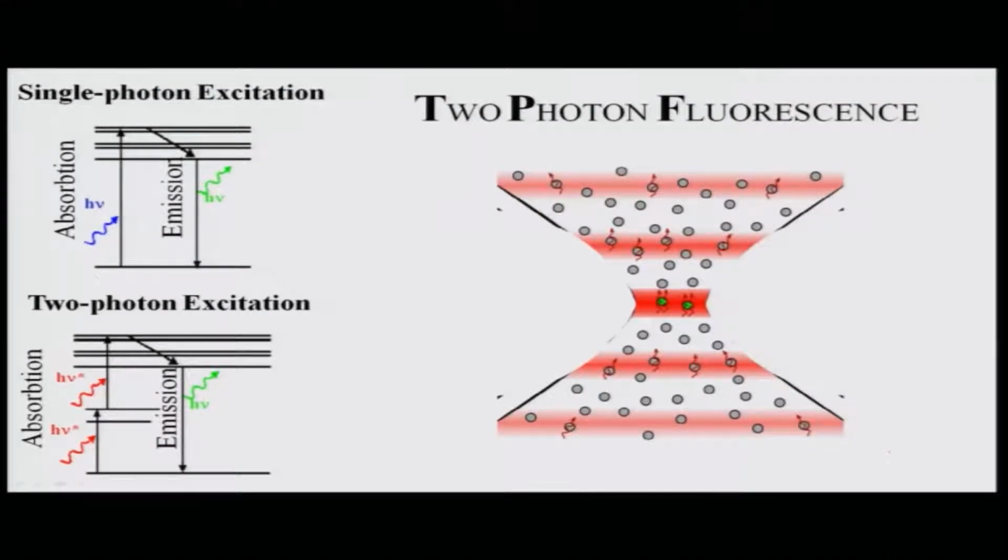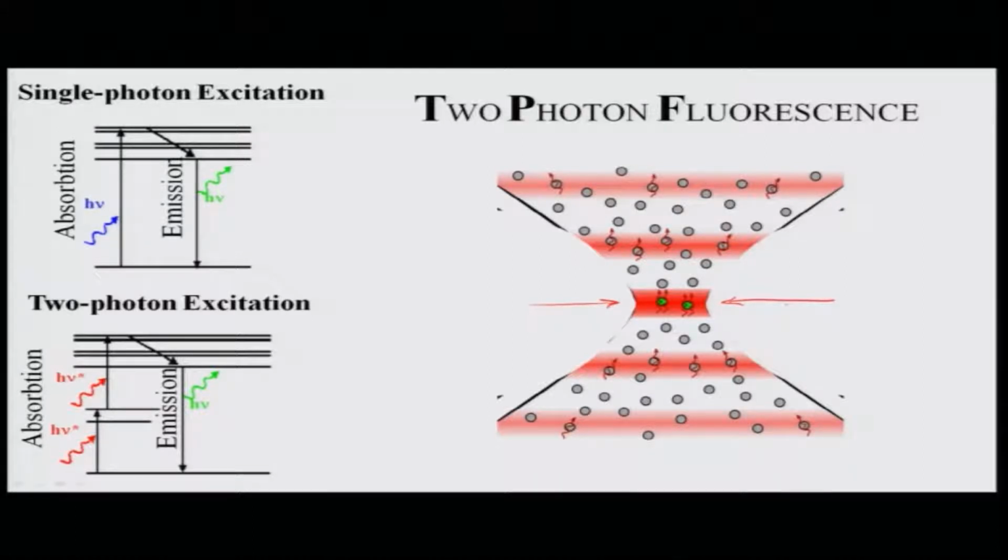The principle of trapping works easily with the 2 photon fluorescence, because the fluorescence comes from only the focal point where the intensity is high enough to produce the 2 photon fluorescence signal.